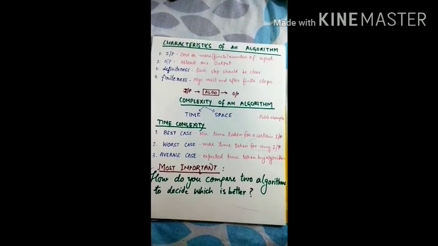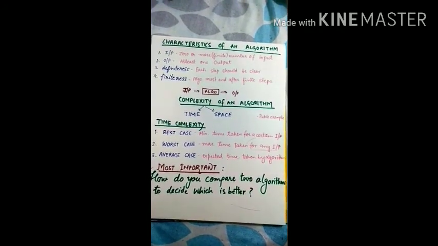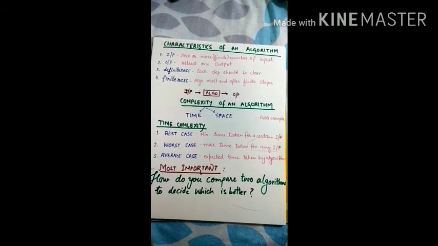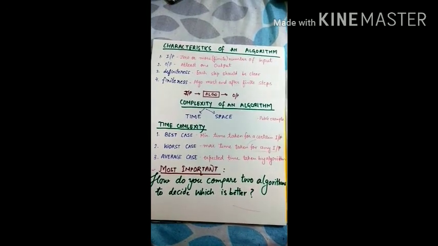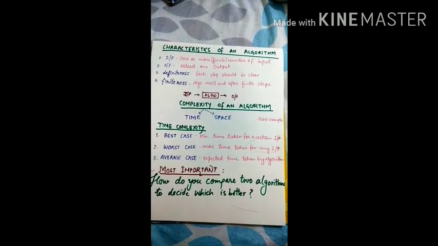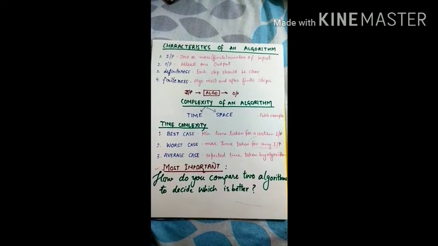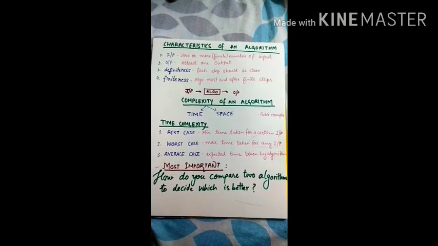Next is the worst case. In the worst case, for example, I will give you the input in descending order. I will give you the numbers in reverse order, like 10, 9, 8, 7, 6, 5, 4, 3, 2, 1. So the algorithm will take maximum time. And then the average case is the generally expected time which the algorithm would take.